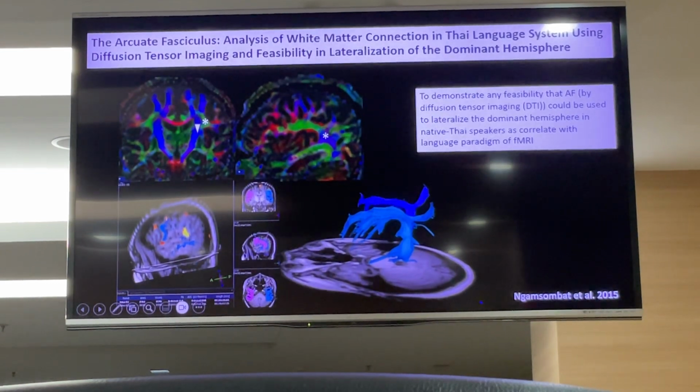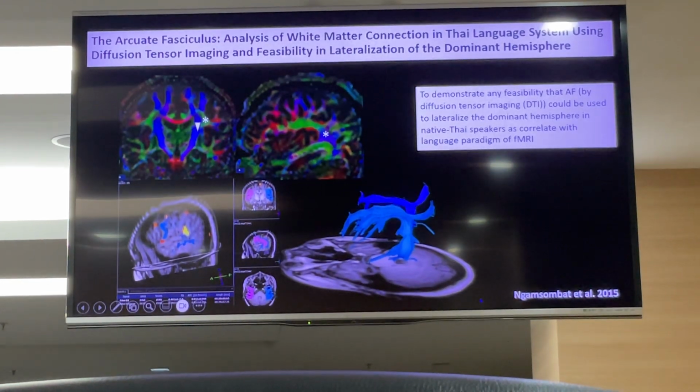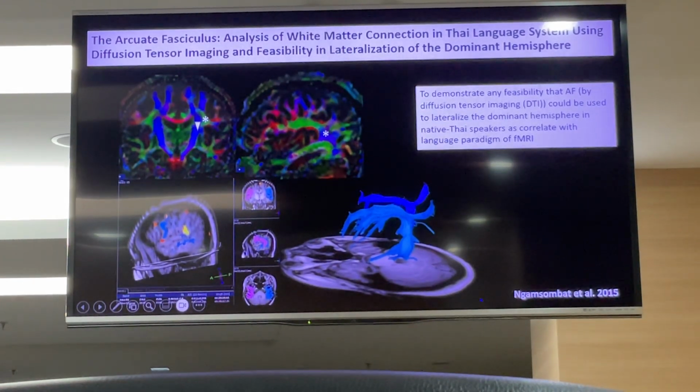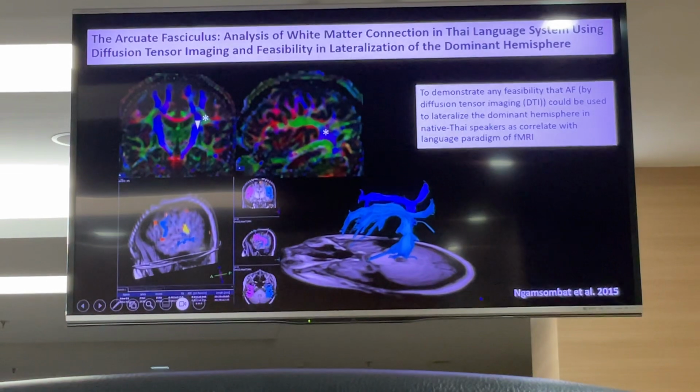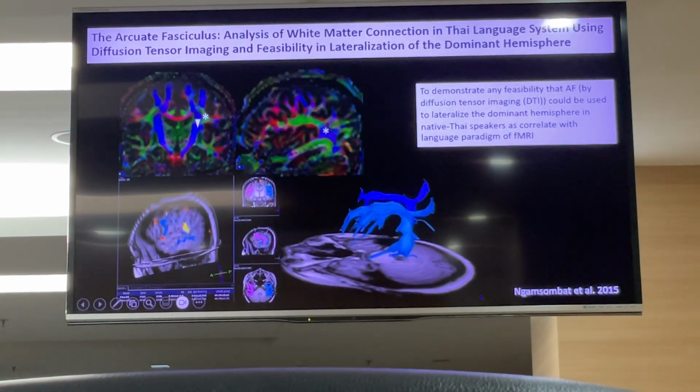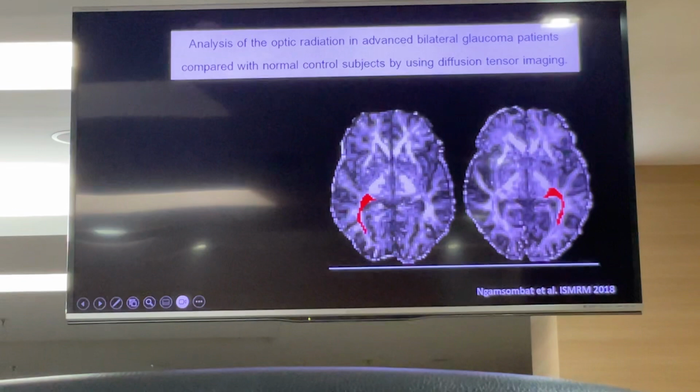At that time we also used fMRI to localize the seeding area. We identified Broca's and Wernicke's areas and just did tractography from this seeding. The result was okay. We can lateralize the dominant hemisphere with this technique.